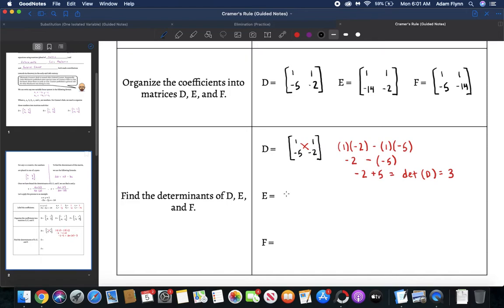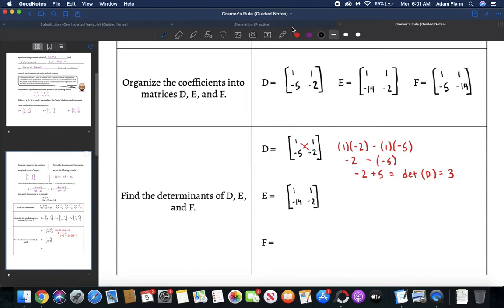So now we'll do E. First, I'll create my matrix. I'll copy it down, so I've got 1 in the A slot, 1 in the B slot, -14 in the C slot, and -2 in the D slot.